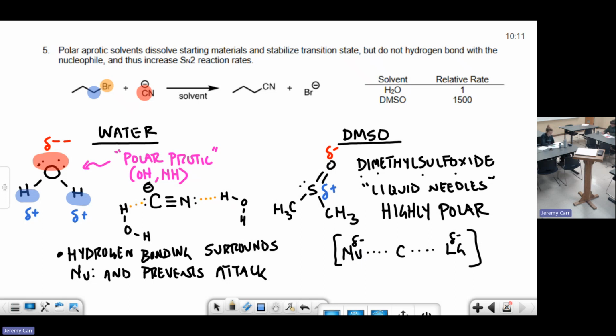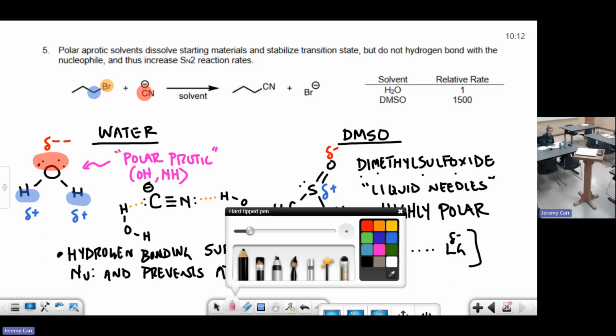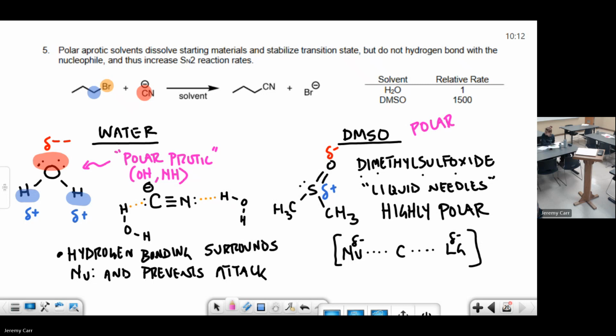Sometimes these transition states are so high in energy that the chemistry doesn't want to go, because it's like going up a mountain and then running out of gas, right? So how do you make the transition state drop in energy a little bit? Well, if you run SN2 reactions in DMSO, which by the way is called a polar aprotic solvent, it may surround the nucleophile slightly, but more importantly, it will surround the transition state as it forms, and it will lower the energy of the transition state.